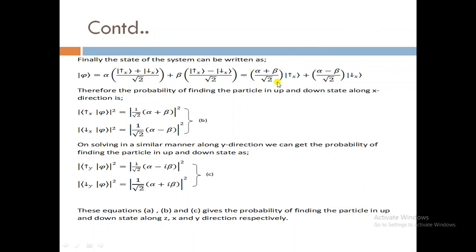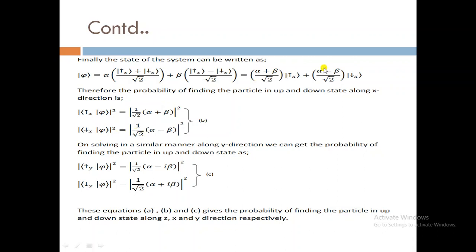So from here what we will get is |(α + β)/√2|², the absolute square. This is because if there is a complex number, we have to do the star, okay. If there is an absolute square, it equals a times a star, that's why we have written it here. Likewise, the probability of finding the particle in the spin down state along the x direction equals ⟨↓x|ψ⟩ scalar product squared.